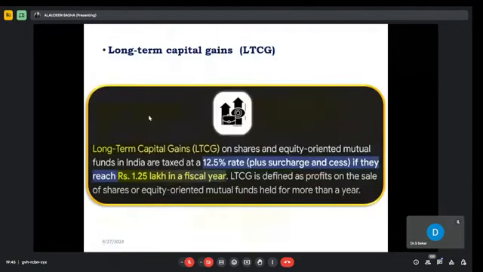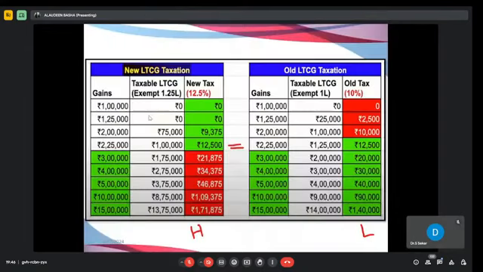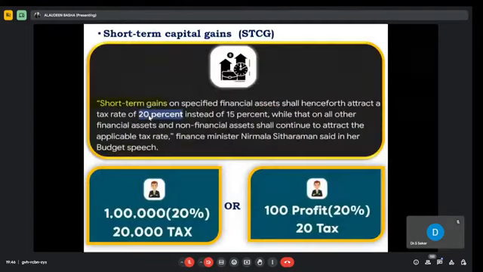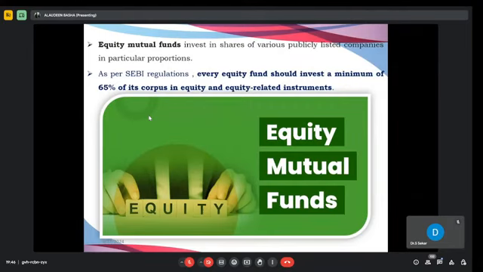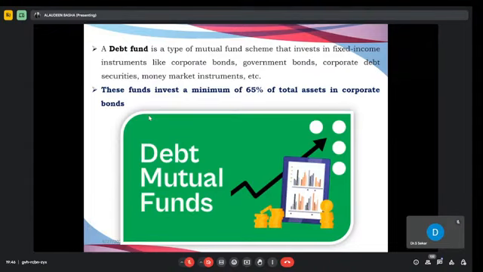Okay. The first one is equity mutual fund. The second one is debt mutual funds. A debt mutual fund is like an equity mutual fund, where 65% of the amount is invested in equity and equity related instruments. Similarly, debt mutual funds invest a minimum of 65% of the total assets in bonds.